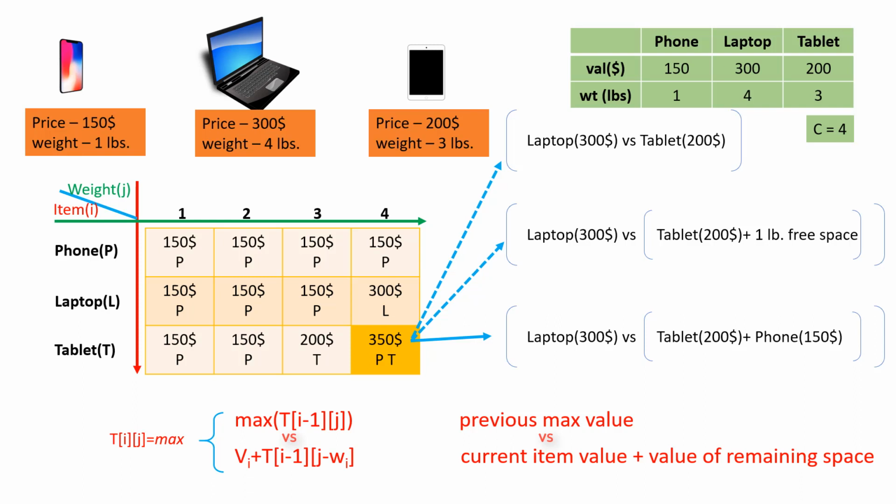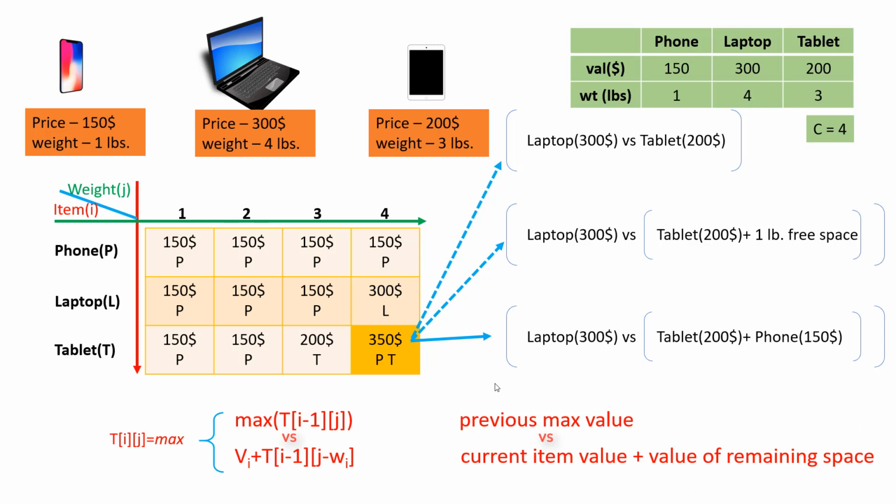First is the previous max value. How will you calculate the previous max value? Whatever cell value you need, just see the maximum value above that. So you need to use the previous max value.